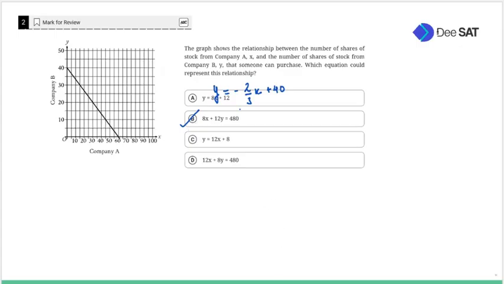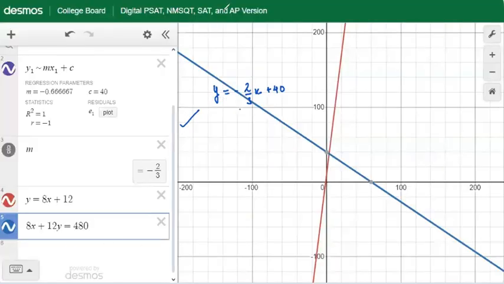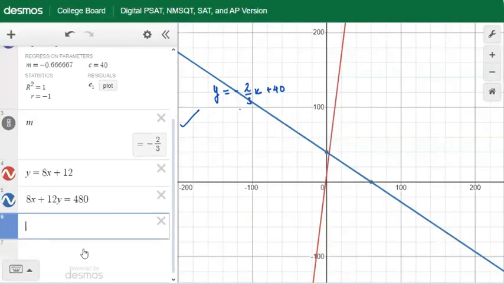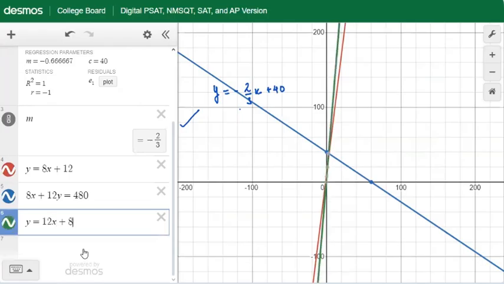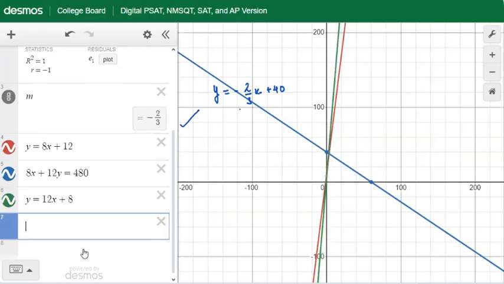If you do check further lines, definitely they do not intersect. For your help, I'm just plotting those two lines also. You can see that. So y is equal to 12x plus 8. See, this is again a different line, the green line. Then 12x plus 8y is equivalent to 480, which is again a different line.